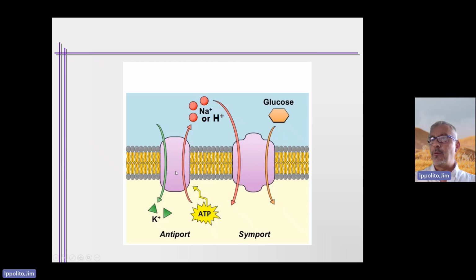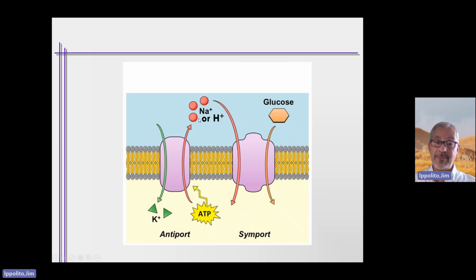The antiport is a little bit different, and the antiport is something that could happen on the edge of a root cell or root hair itself, where the plant wants to take up potassium, but in order to do so, it has to pump something else back out, like sodium.